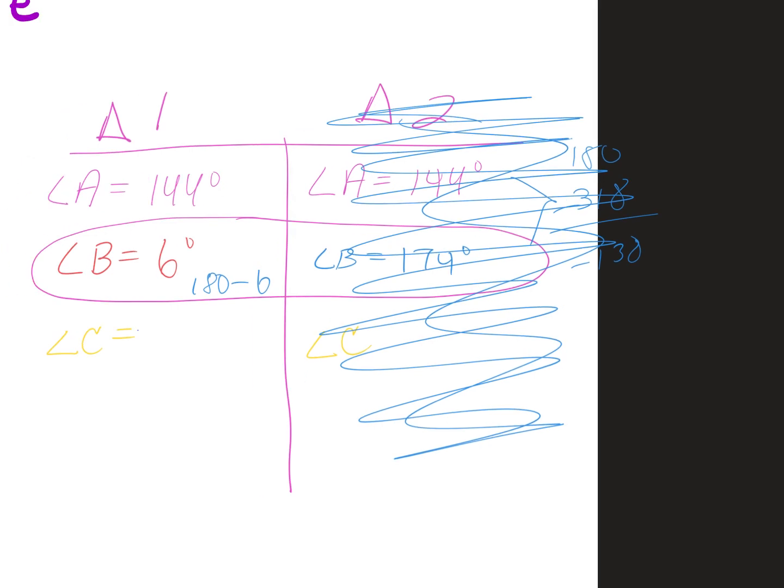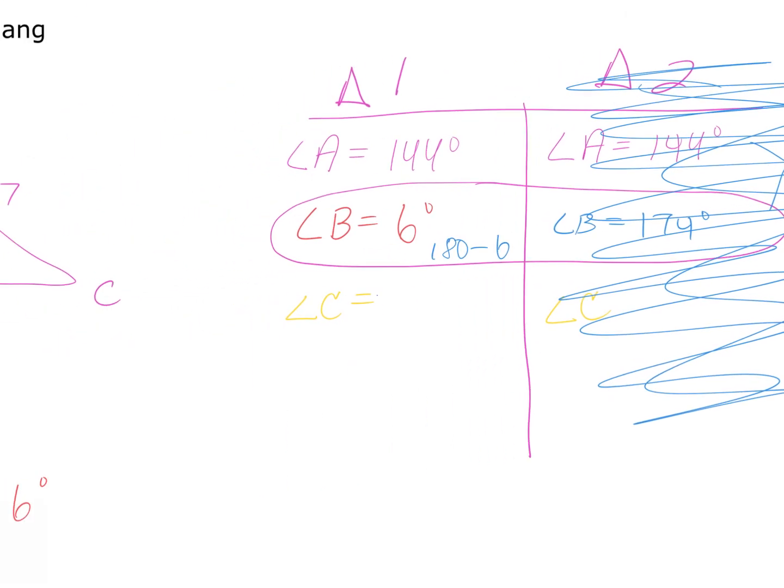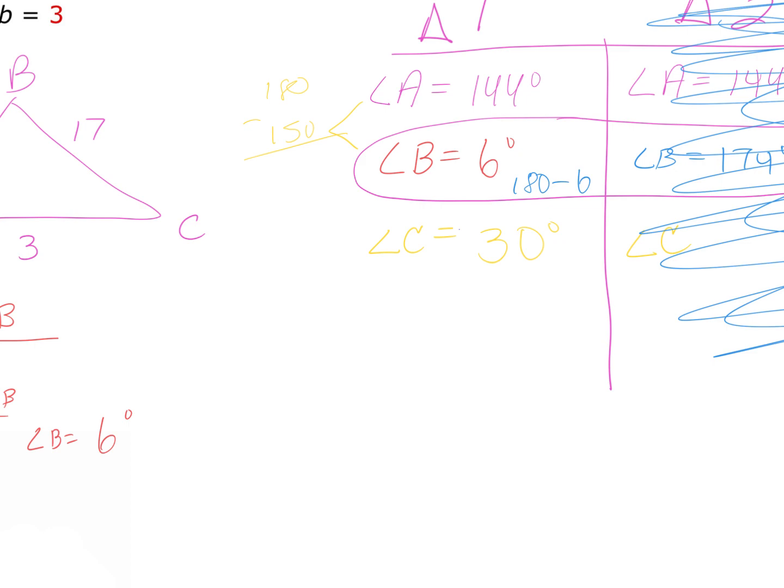So now we just go ahead and we solve this like we've done every other problem. I'm going to take 144 and 6, add it together, and I get 150, right? Then I say 180 minus 150. Angle C is how much? 30 degrees. So I found angle B, I found angle C, and then I have to find side what?